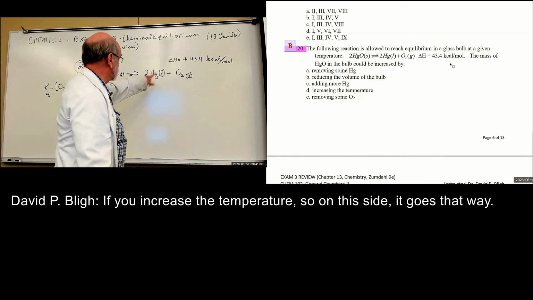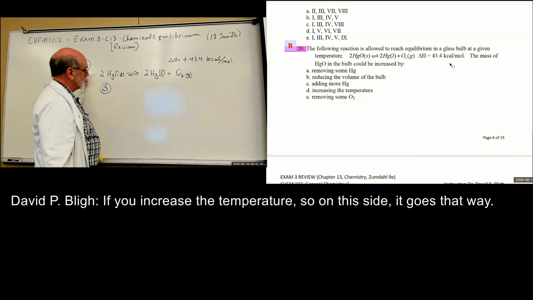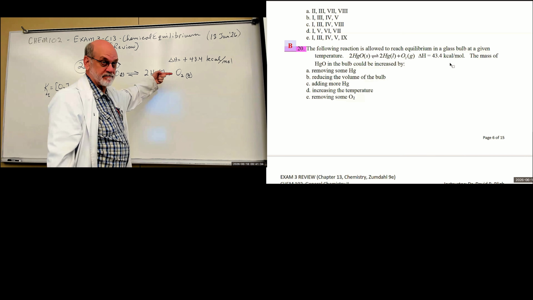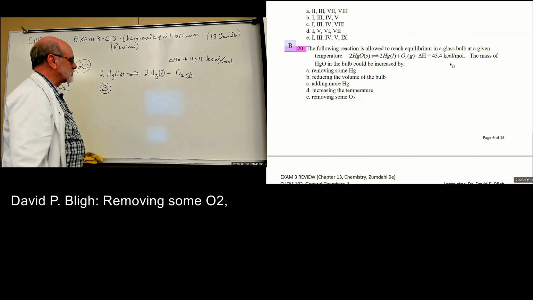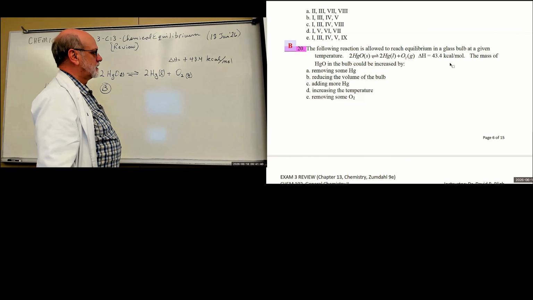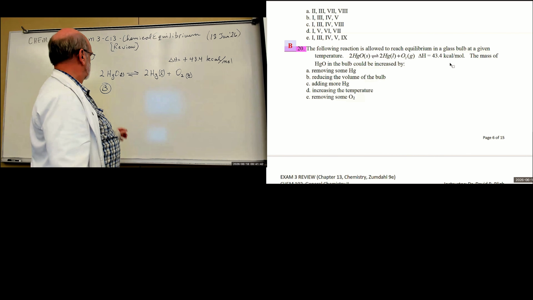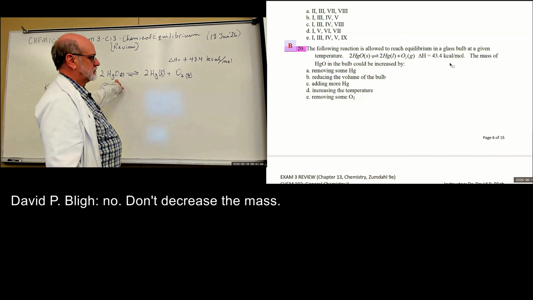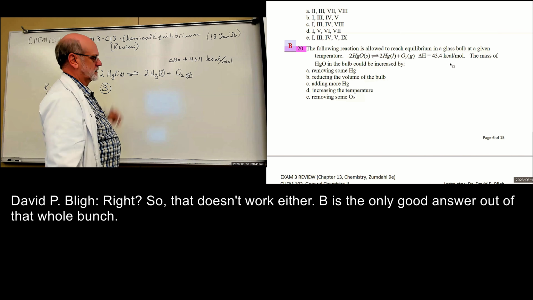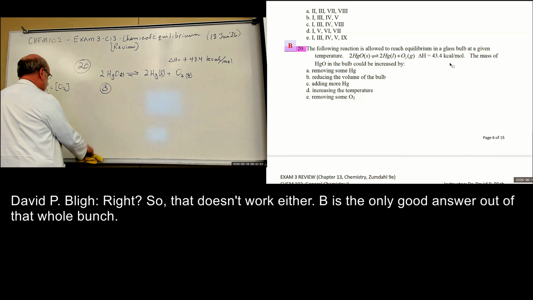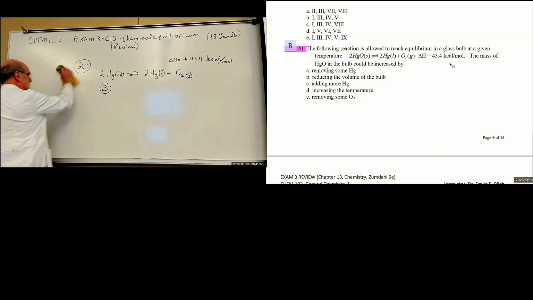If you increase the temperature, so on this side, it goes that way. Okay, that won't work. Removing some O2, no, that would decrease the mass. Right, so that doesn't work either. B is the only good answer out of that whole bunch.